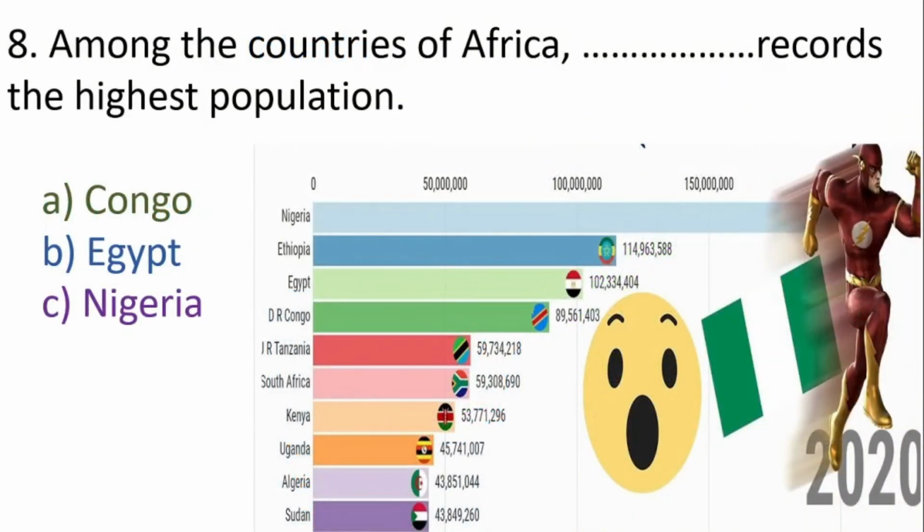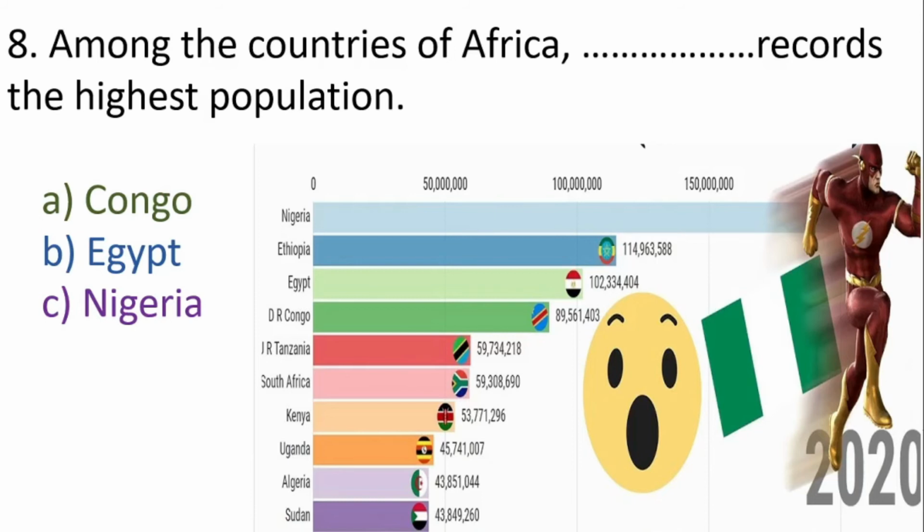Next question. Africa is the world's second largest and second most populous continent, after Asia in both cases. The population in Nigeria by 2020 is 206,139,589.